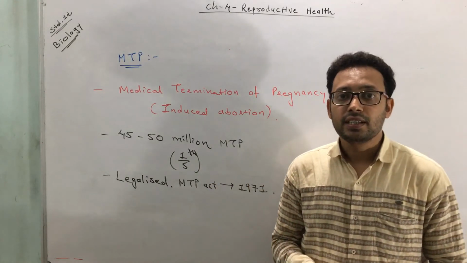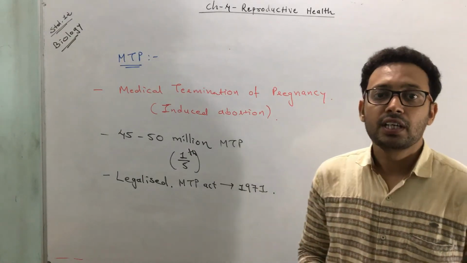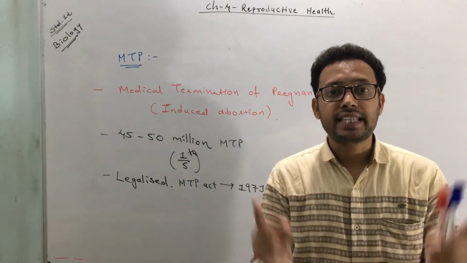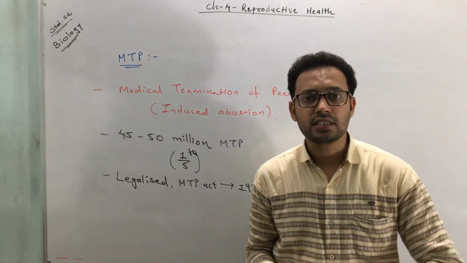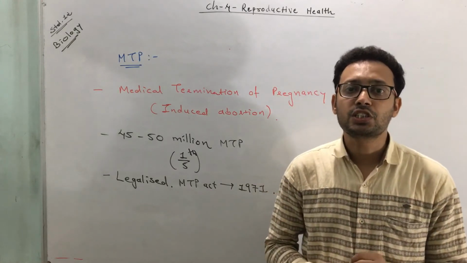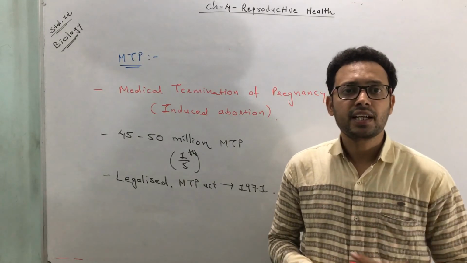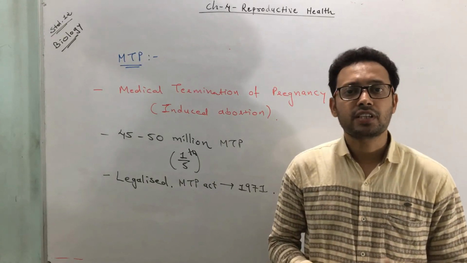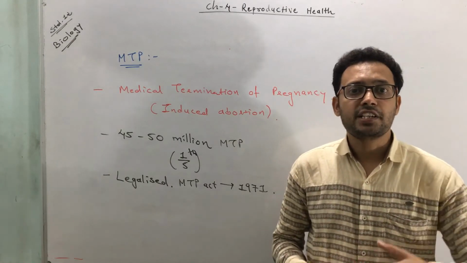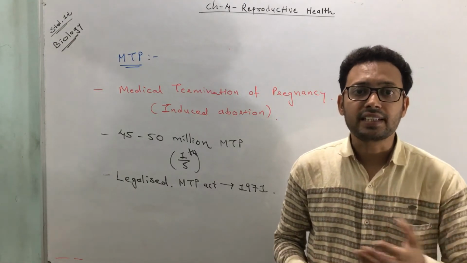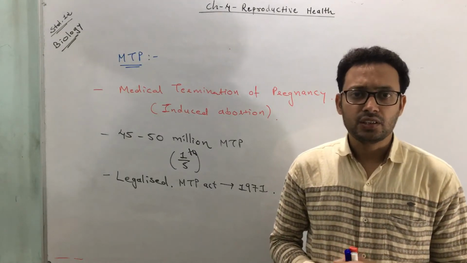According to strict implementation, no one can even check the sex of a baby. We have a technique called amniocentesis and an instrument called USG through which the sex of a baby can be determined, because at the end of the first trimester, at the end of 12 weeks or 3 months, the genital organ appears and is very clearly seen through sonography.